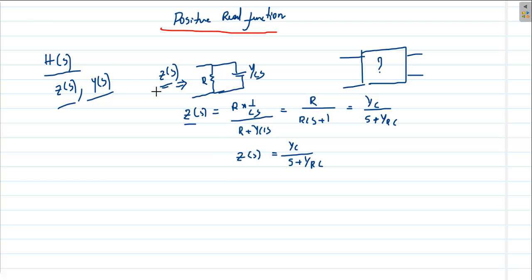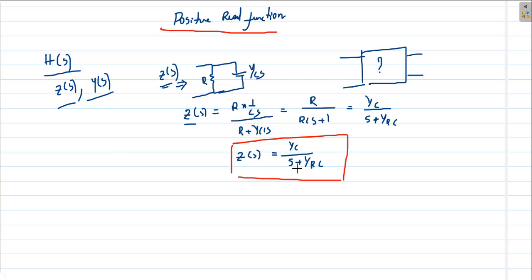That means this Z of s is a real function. You will be given a real function h of s, that is Z of s or Y of s, the impedance function or admittance function, in the s domain.